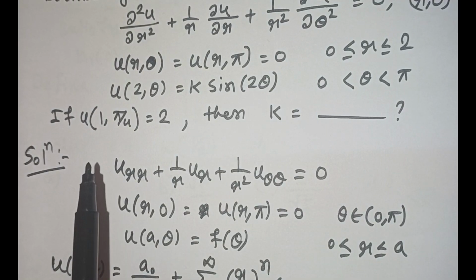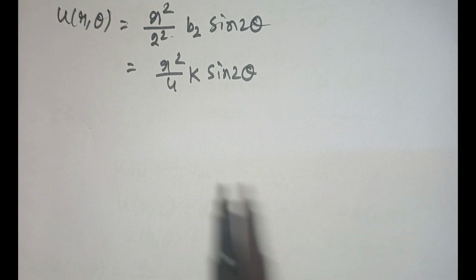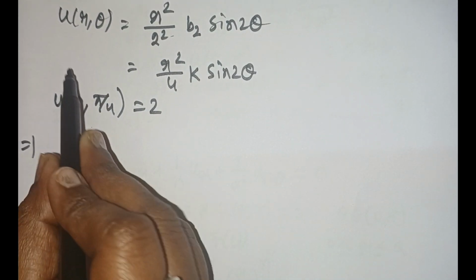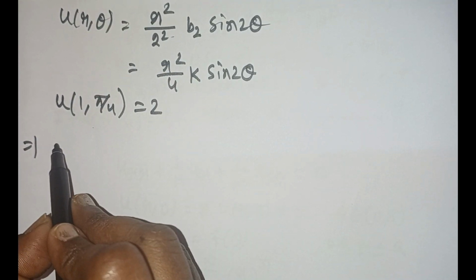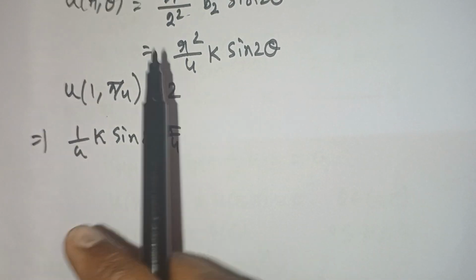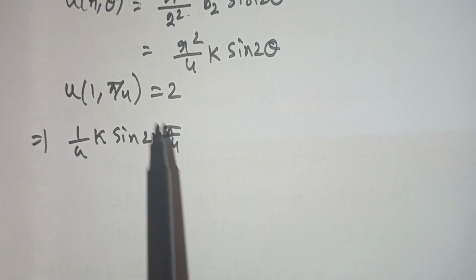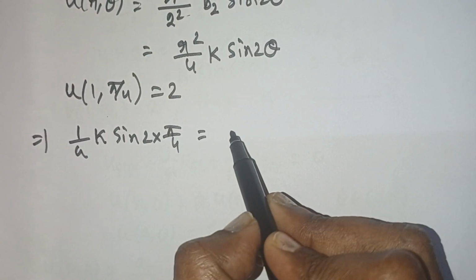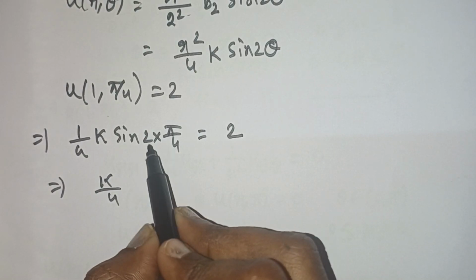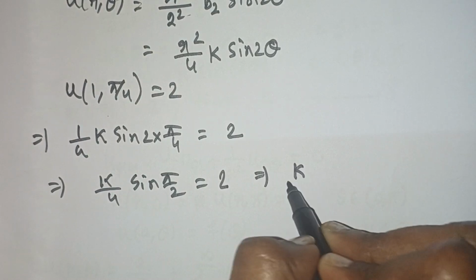Now in the question it is given that u(1, pi by 4) is equal to 2. If we use the previous u(r, theta) formula and put 1 in place of r and pi by 4 in place of theta, we get k by 4 sine pi by 2 equals 2.